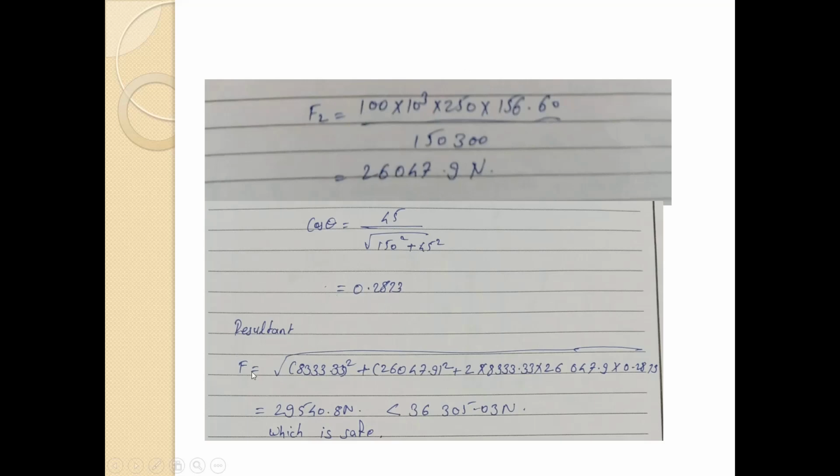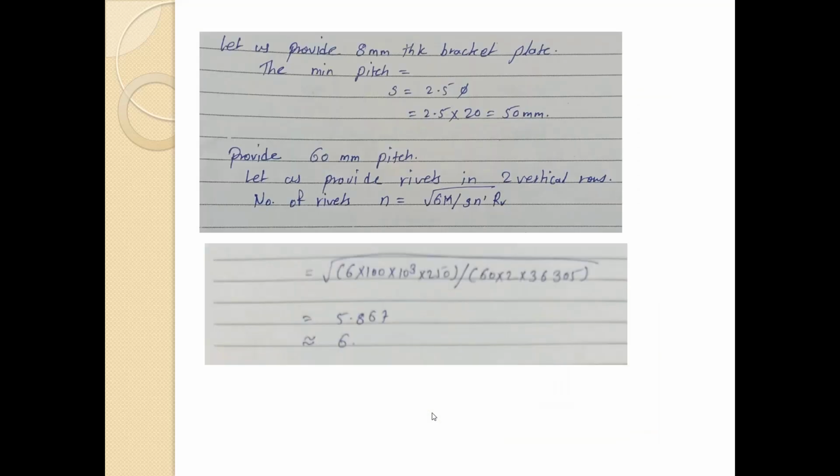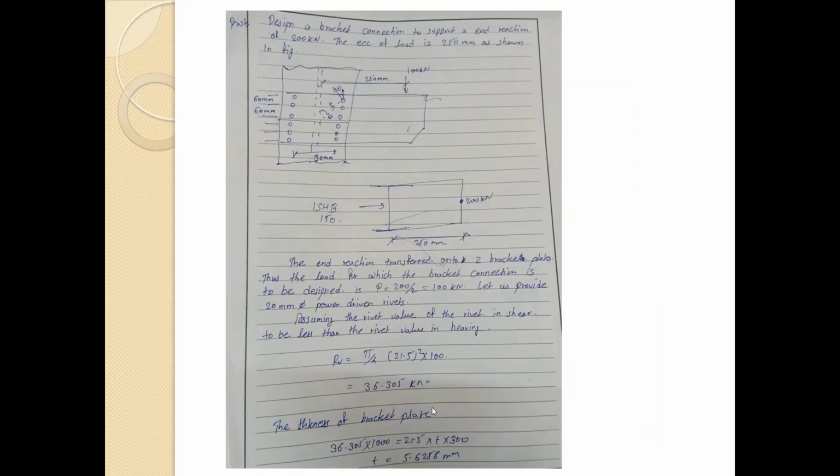So the resultant is F equals root of F1 square plus F2 square plus 2 into F1 F2 cos theta. So this is 29,540.8 newton, which is less than 36,305.03 newton, that is the rivet value which we have calculated earlier.